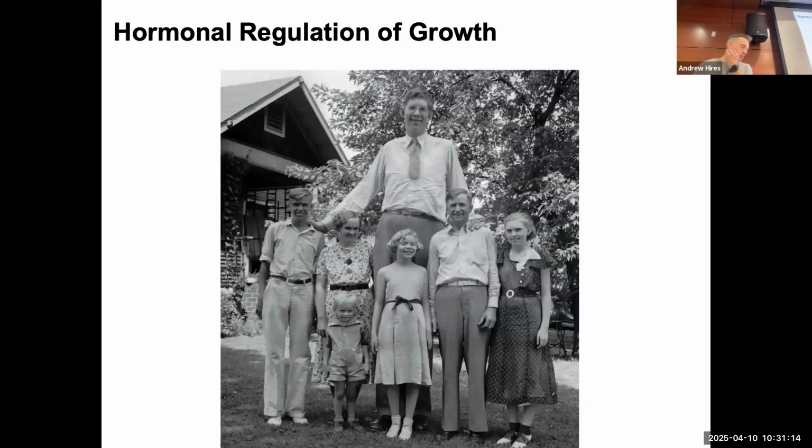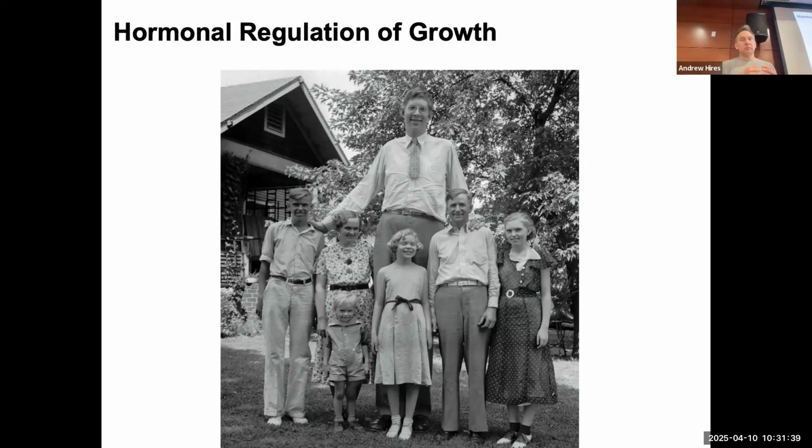Okay. Now, what about growth? The body's growth of tissues is going to be driven by growth hormone. Growth hormone is secreted by the anterior pituitary gland, which is promoted by growth hormone releasing hormone, also known as somatotropin releasing hormone, up in the hypothalamus.